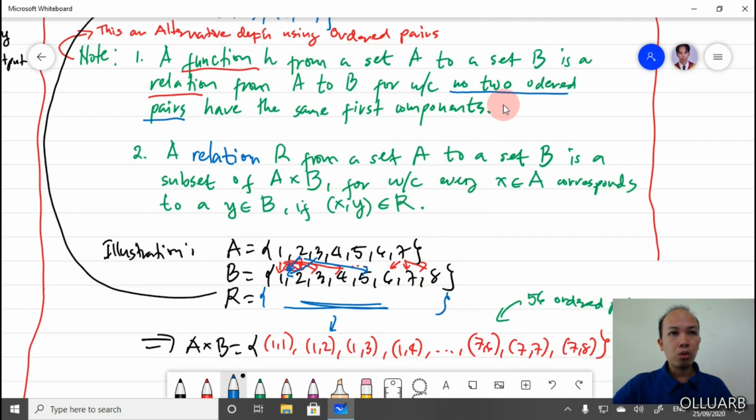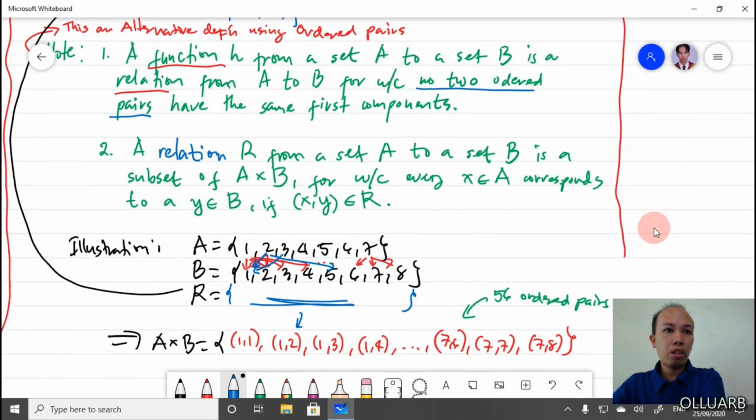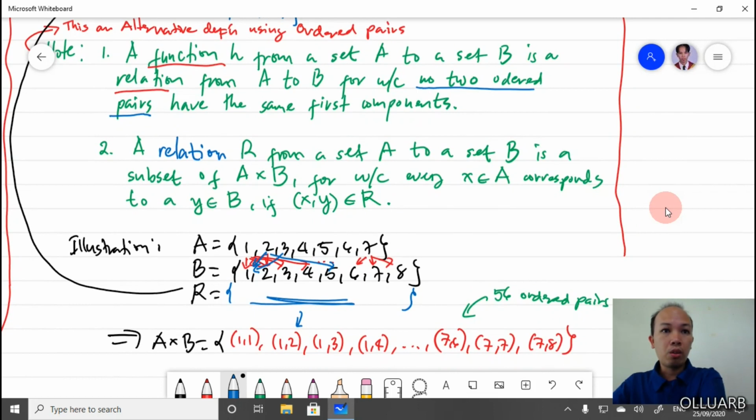You should not find ordered pairs that have the same first component in order for that set to be a function. That's the difference between function and relation: a relation allows a repetition of the first coordinate. I hope that's clear enough if you use ordered pairs to visualize a function or relation.